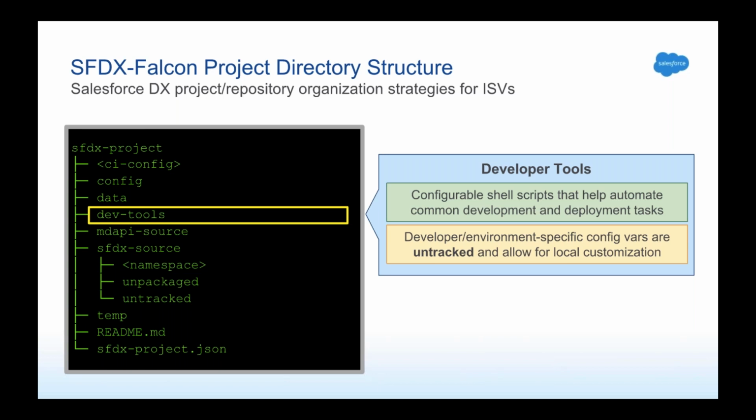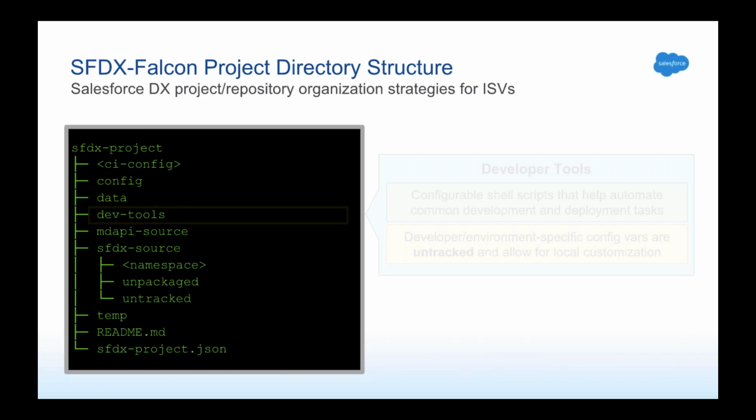If you follow the model that we're going to show you, you can have core scripts that don't change, that are tracked in version control, and then you can have local configuration options that are not tracked in VCS, but which help your developers customize the actions of these scripts for their local environment.